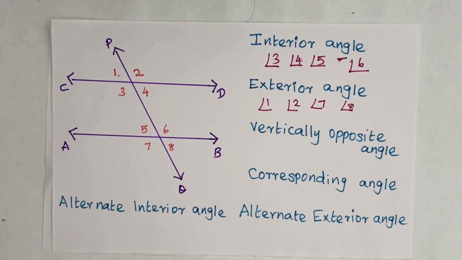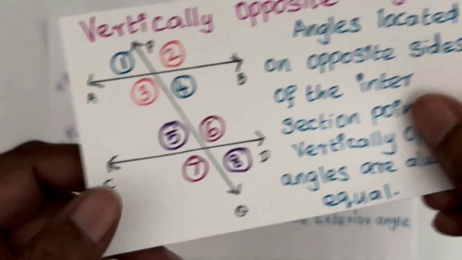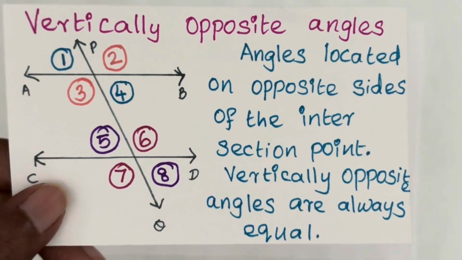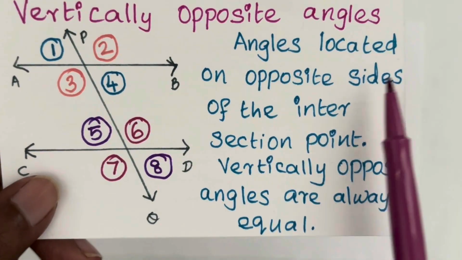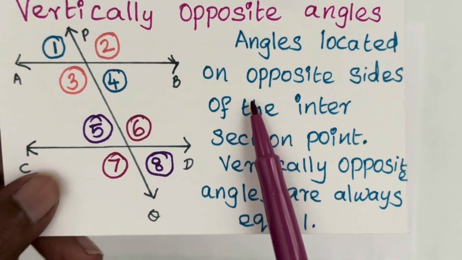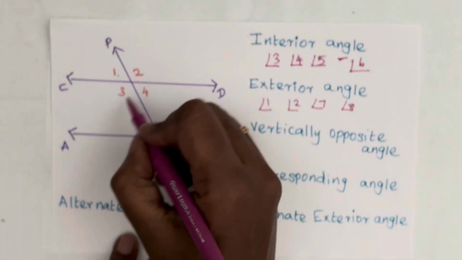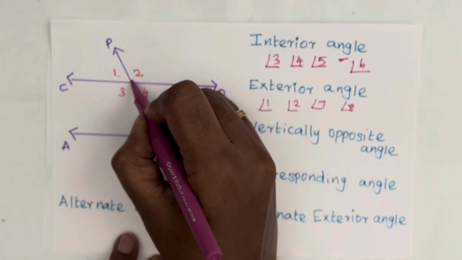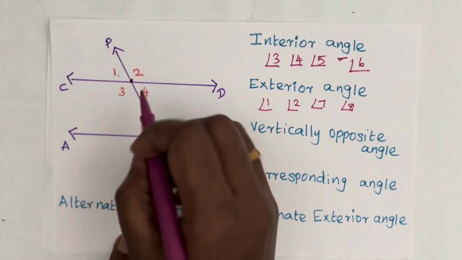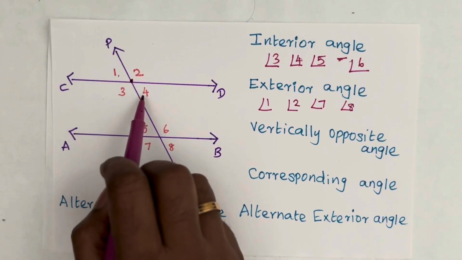The next angle is vertically opposite angle. So what do you mean by vertically opposite angle? Angles located on the opposite side of the intersection. So this point is the intersection. Which is the opposite side?